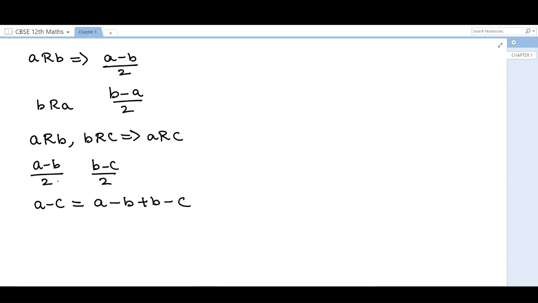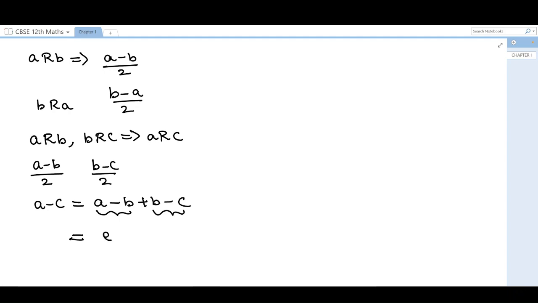We know that a minus b is divisible by 2 and b minus c is divisible by 2. Any number which is divisible by 2 should be an even number. Therefore, we can say a minus b is an even number and b minus c is an even number. If you add two even numbers, you will be resulted with an even number.